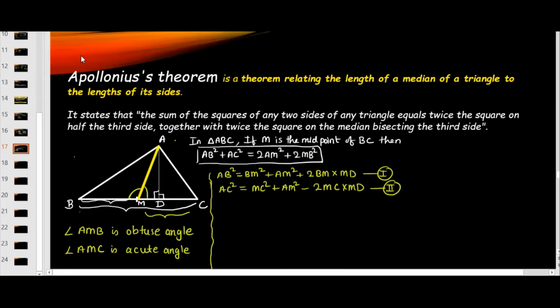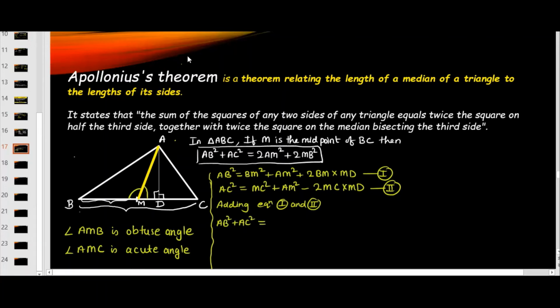Okay, let me just erase this part. So we have got these two equations. We have to add them, adding equation 1 and equation 2. What do we get? On the left side, when we add AB and AC, we will get AB square plus AC square.